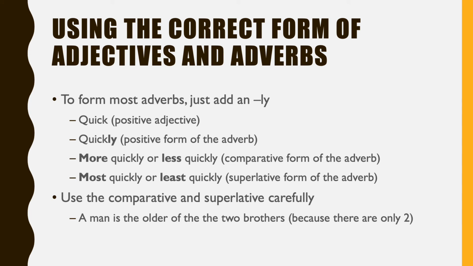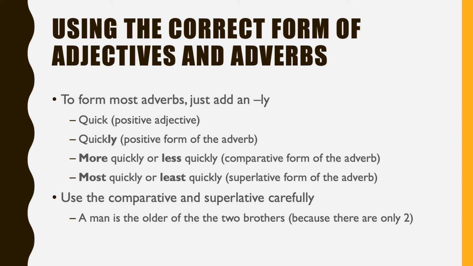Make sure that you go through using the correct form of adjectives and adverbs. To form most adverbs, you just add an ly. So quick, that's your positive adjective. If you want to make the positive form of the adverb, you just say quickly. If you want a comparative form of the adverb, you say more quickly or less quickly.